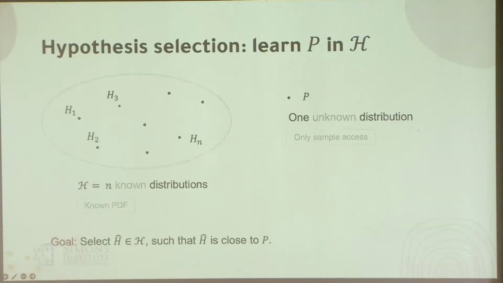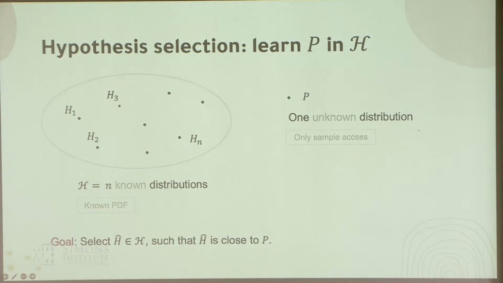So let me give you the formal definition. We have a set of finite distributions, h1 through hn, so it's finite. And these distributions are known to us. So let's say we know the PDF. You can actually relax this assumption, and even samples from these distributions would be enough. And then you have an unknown distribution P that you only have sample access to.